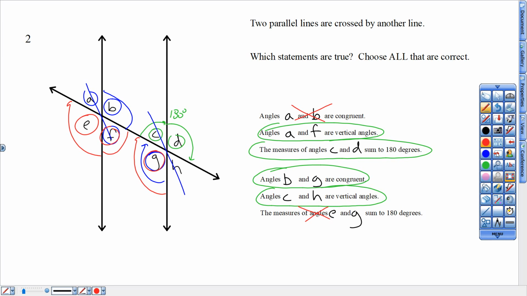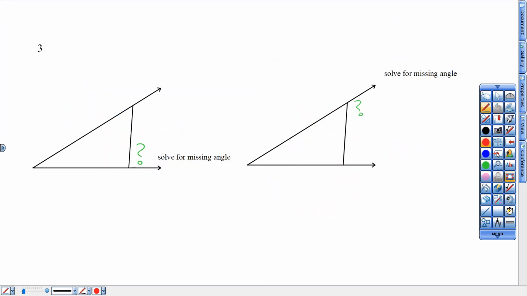All right, keep going. Number 3. For this one, showing a little bit of arithmetic, I'm giving you 110 degrees right here. I'm giving you 34 right here. First step is to take that 110 away from 180. If I subtract that, that gives me 70.